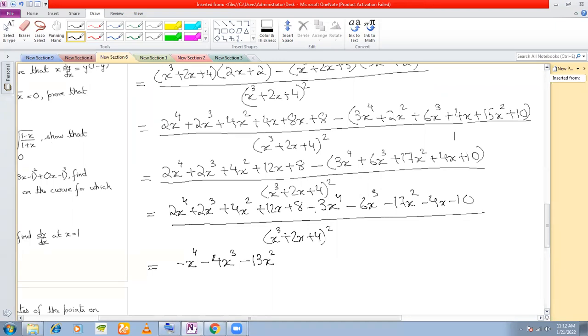You have 12x minus 4x, which is 8x. And you have 8 minus 10, which is minus 2. Divided by (x cube plus 2x plus 4) square. And now you can take the negative sign out.